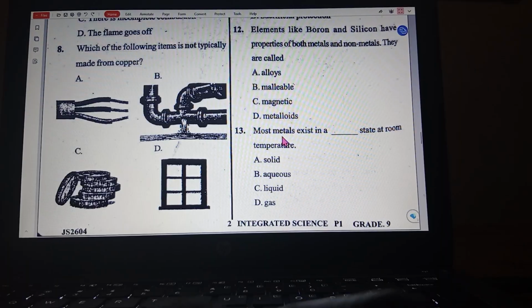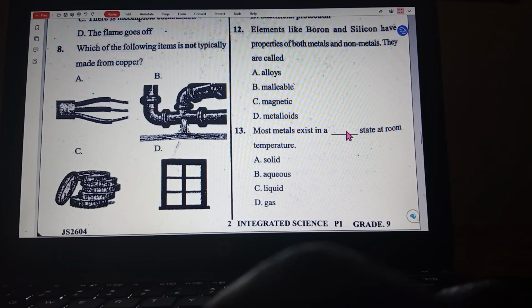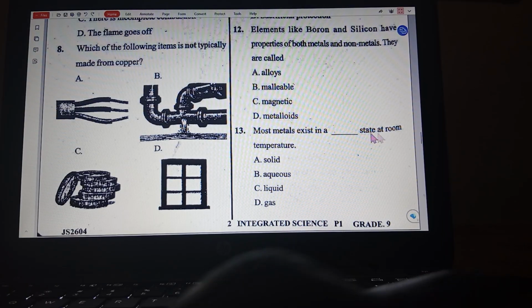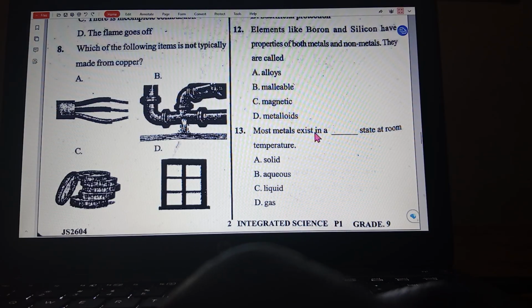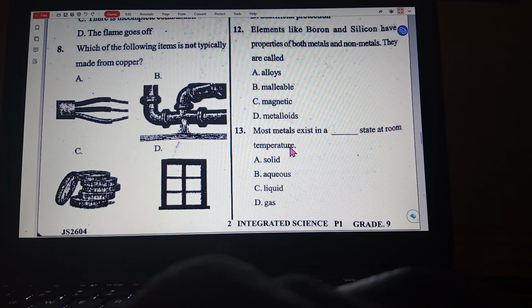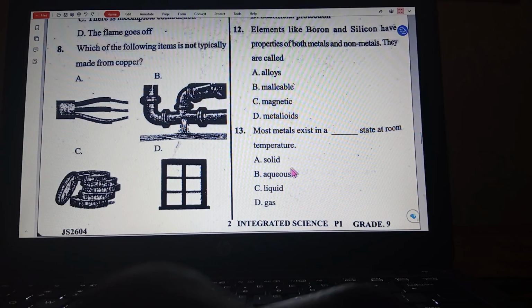Most metals exist in a dash state at room temperature. Solid state at room temperature, aqueous at room temperature, liquid at room temperature, gas at room temperature.